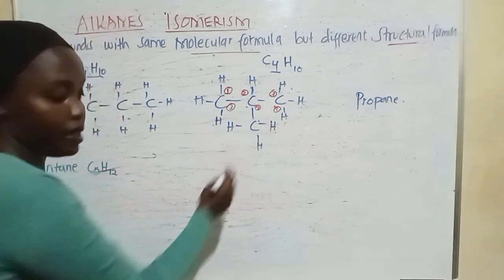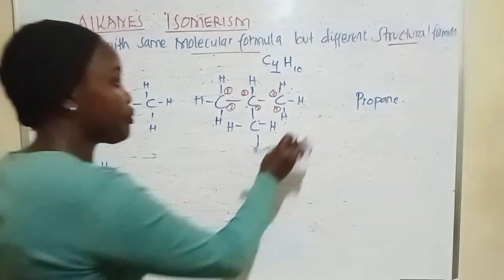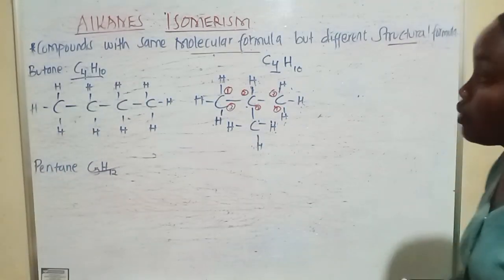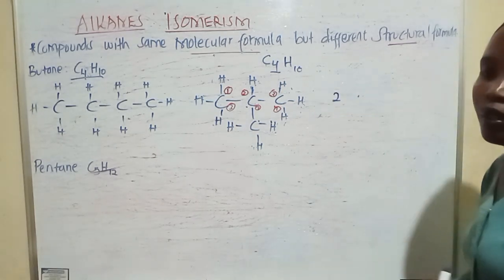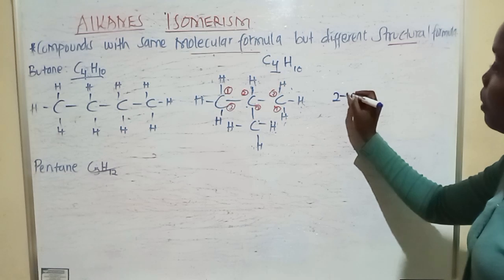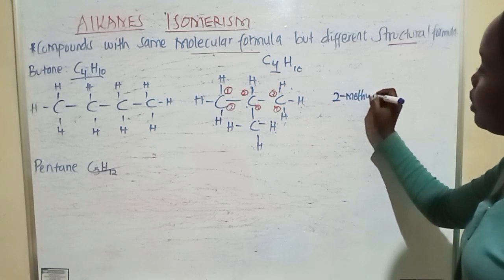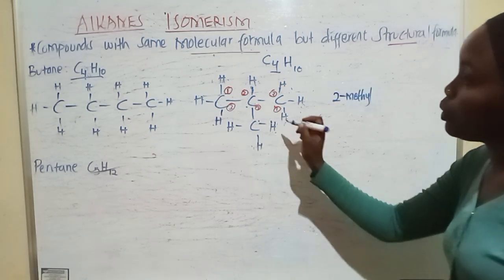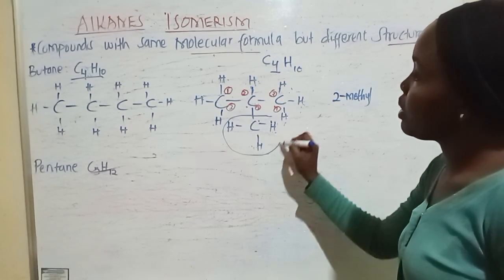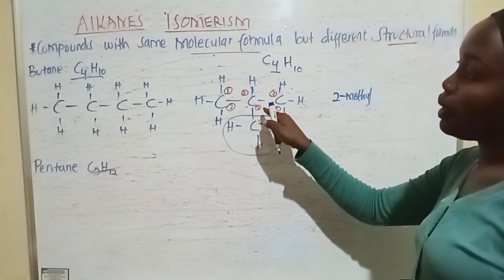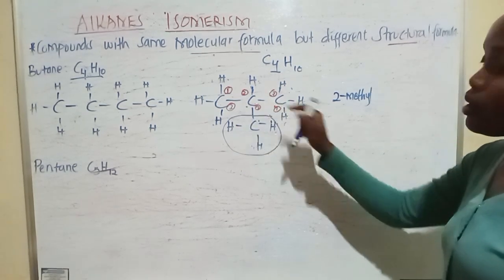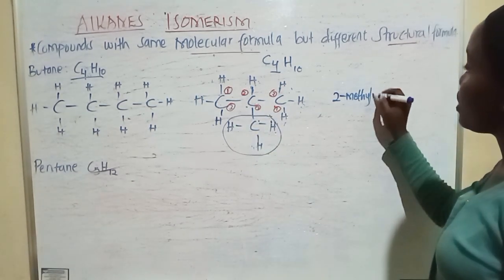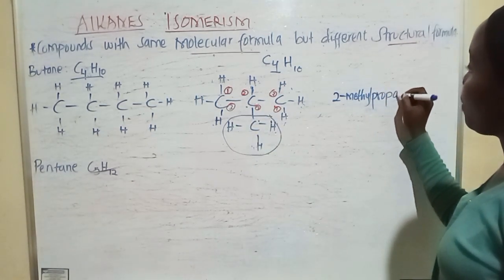So we are going to write it as 2-methyl, because this is a methyl group, and it is on carbon number 2. So with 1, 2, 3 we have propane, 2-methylpropane.